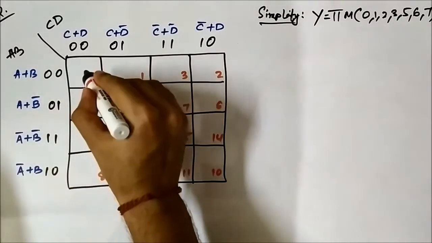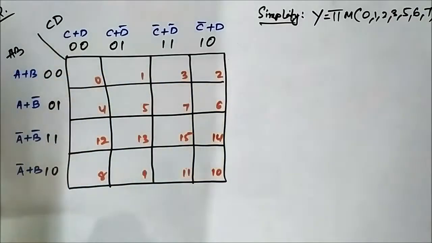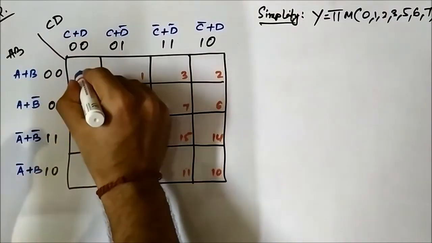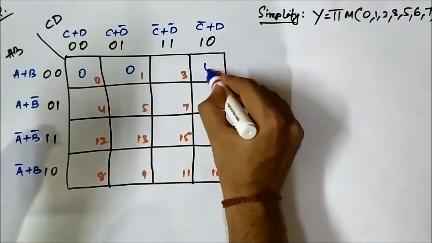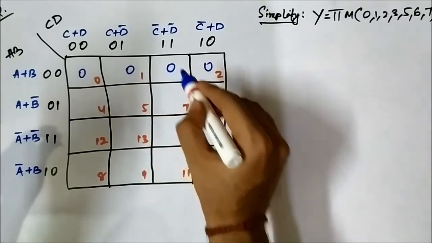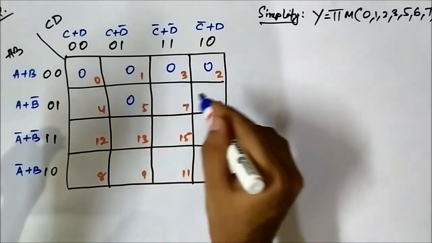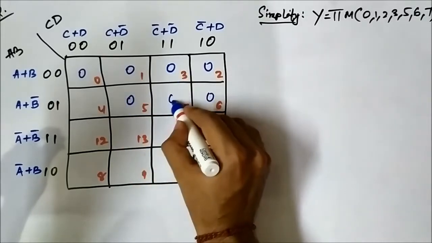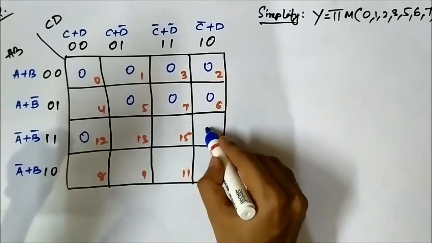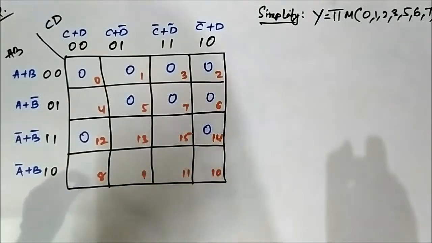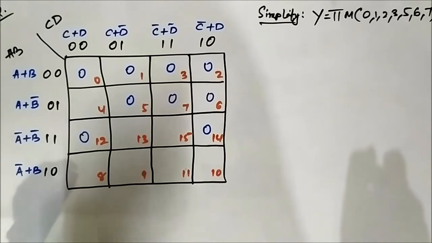Okay, so 0, 1, 2, 3, 5, 6, 7, 12 and 14. Okay, so now we have to form the groups.